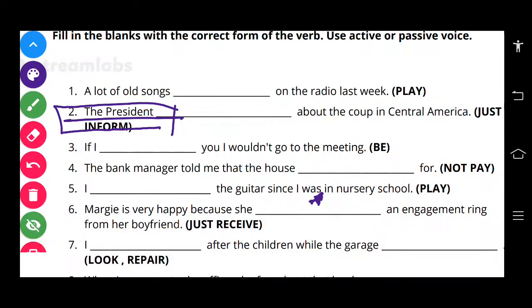In the English language, recent completed has to be expressed by using either have or has plus the third form of the verb. After the president we have to use has. Adverb has to be used after the helping verb and before the verb, so the president has just informed. So the correct answer is has just informed.